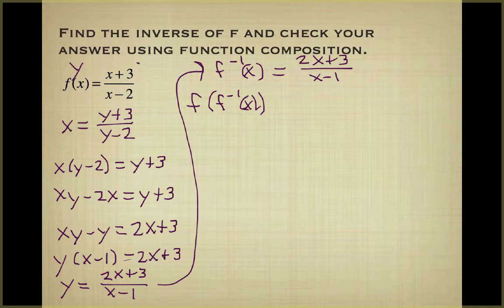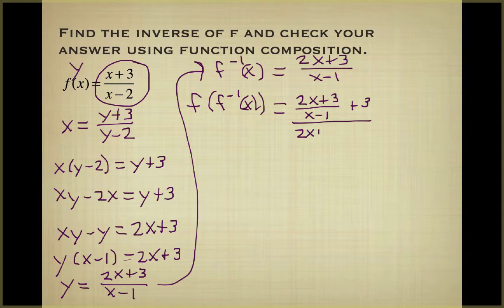So our first x becomes 2x plus 3 over x minus 1, plus 3, all over, we're going to replace that x again with 2x plus 3 over x minus 1, minus 2. So this is my composite function.